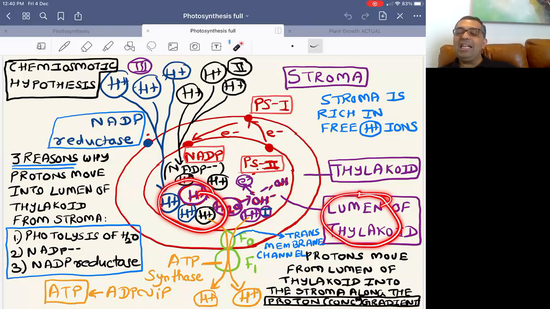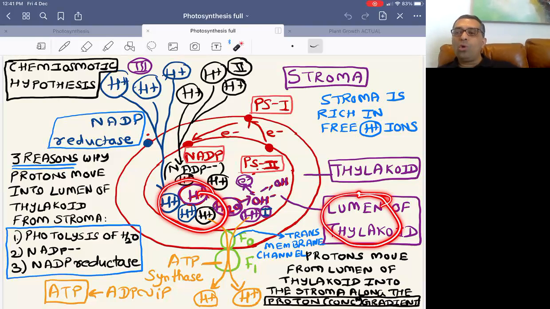And in respiration, where did protons go? From the intermembranous space where the concentration was high, they moved back into the matrix along the concentration gradient. That was called proton channel pumping.